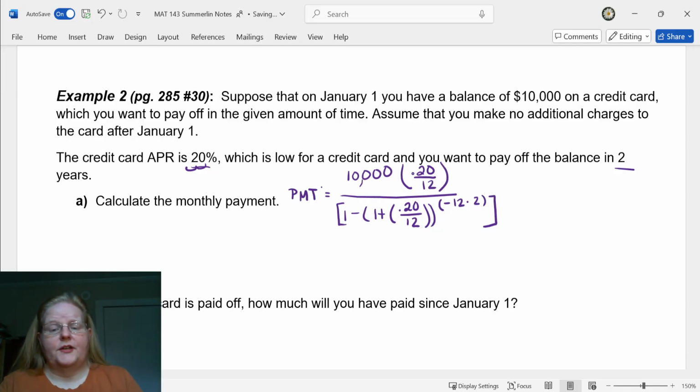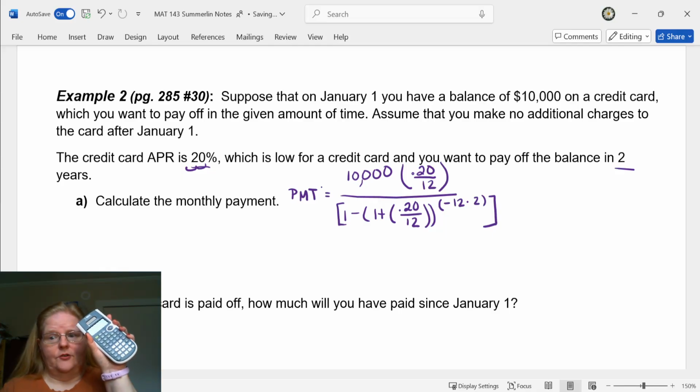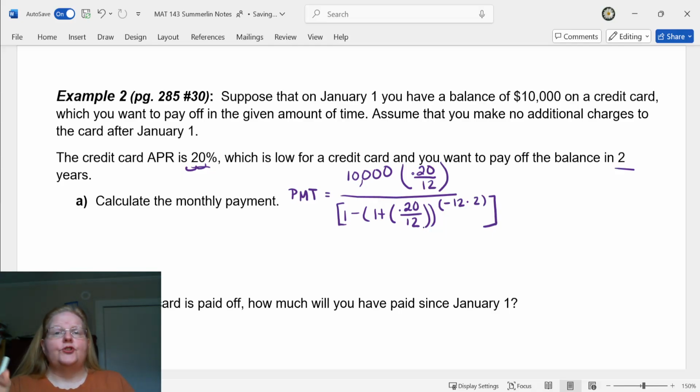And we're supposed to plug it into our calculator, and they want us to calculate the monthly payment. If you stick it into the new calculator, when you put in this particular fraction, you don't have to put in this set of parentheses that I have written down. But you do if you're putting it into the old calculator. You can put them into the new one, you just don't have to.